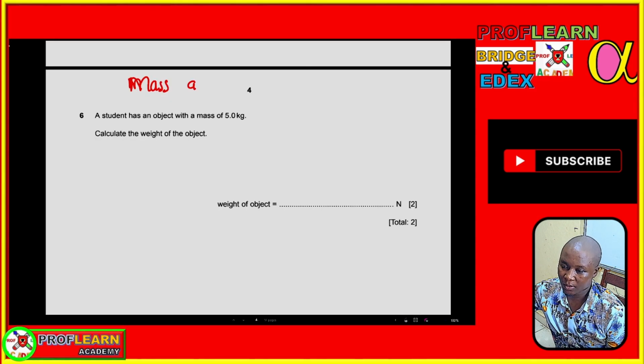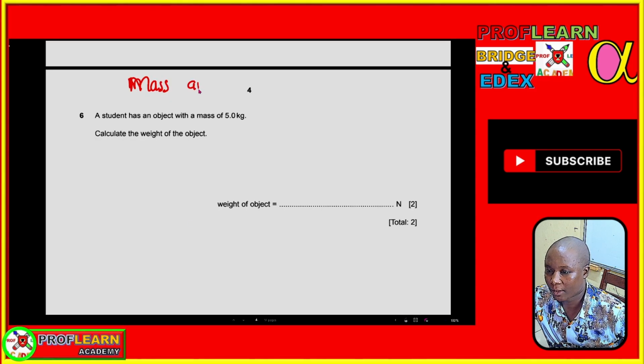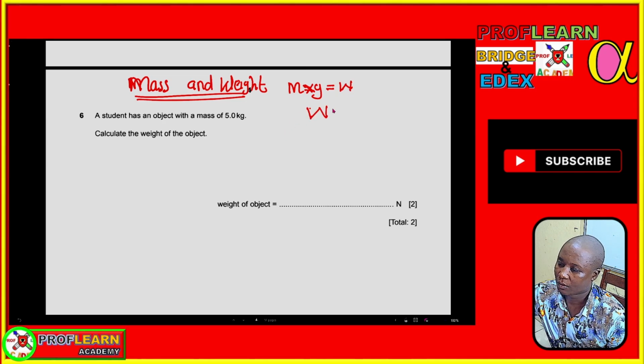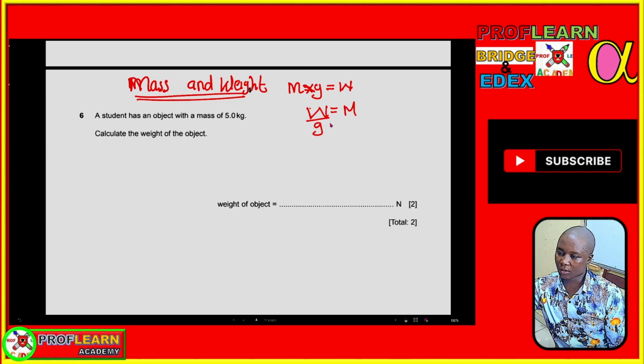You should know the two main formulas there. We know that mass times g is what we call weight, and the weight itself is equal to mass times g. Of course, weight over g is equivalent to mass.